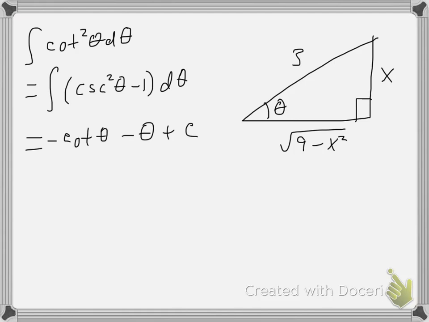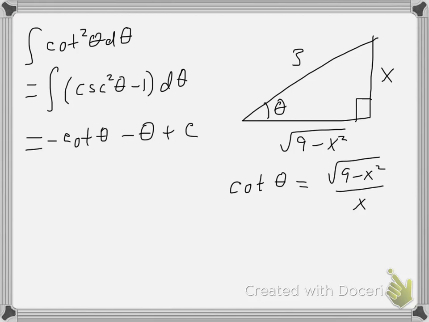So the cotangent of this angle theta is going to be equal to the square root of 9 minus x squared all over x. Although theta is strictly bigger than 0 in the diagram, this expression for the cotangent of theta is valid even when theta is less than 0.